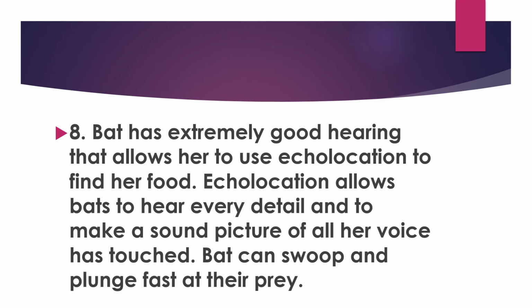And Bat was successful, because in the story, the detail that proves it is that Bat can swoop and plunge fast at their prey. So here you have to discuss echolocation and how they were able to swoop down and catch their prey.